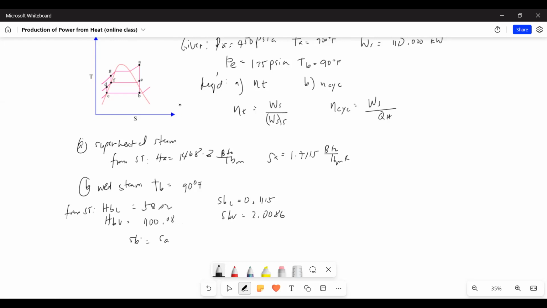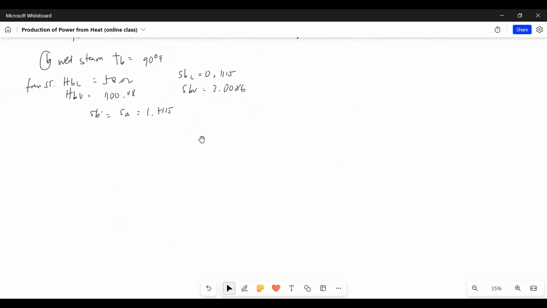This is the vertical line right here. And then that is equal to 1.7115. So we solve for x prime. I did not write the equation. X prime is 0.8434. And then solve for HB prime using that x prime. You will substitute the values. You will get 937.5.